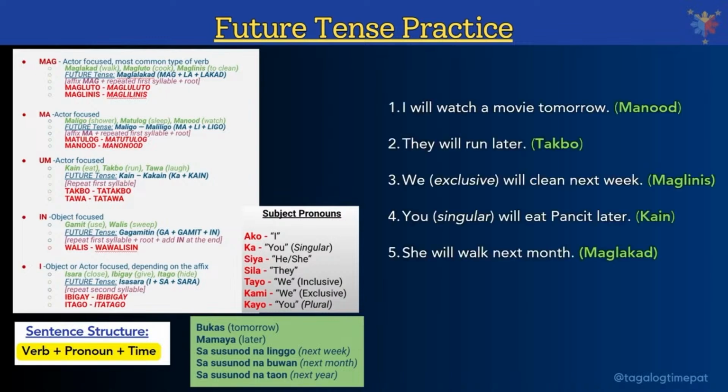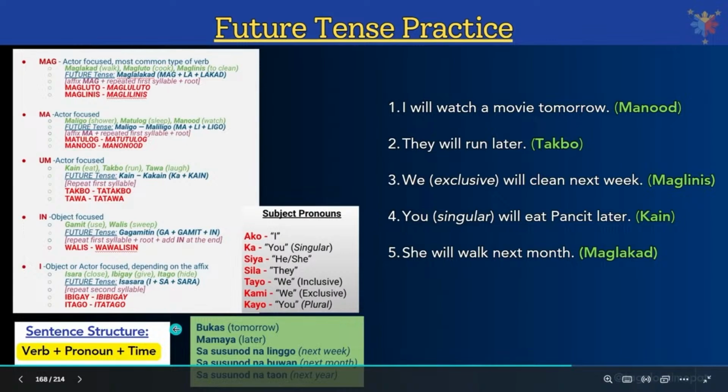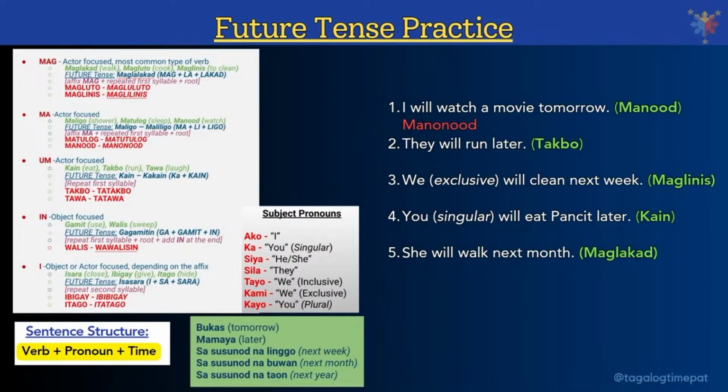Now here are some examples. Let's do the first one together. I will watch a movie tomorrow. Manood means to watch. So again, let's take a look at our sentence structure. It should be verb plus pronoun plus time. Manonood is the future tense conjugation of manood.